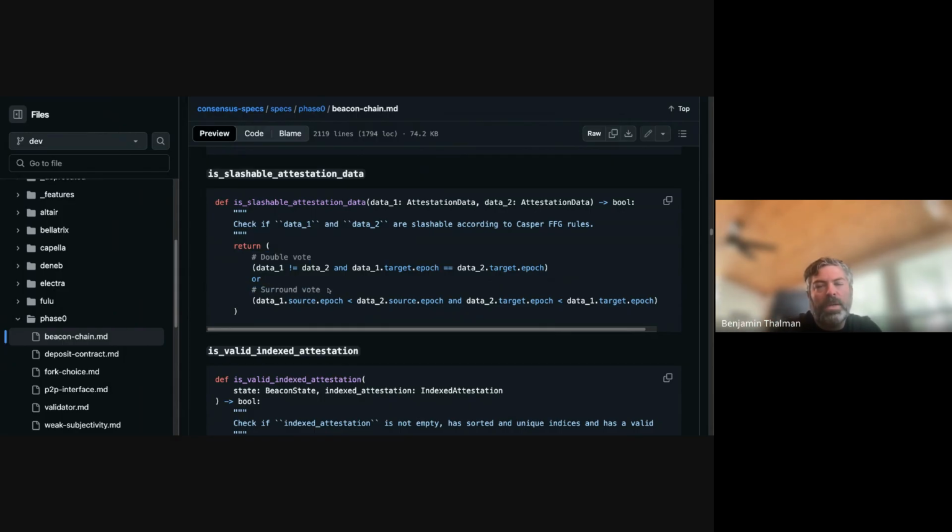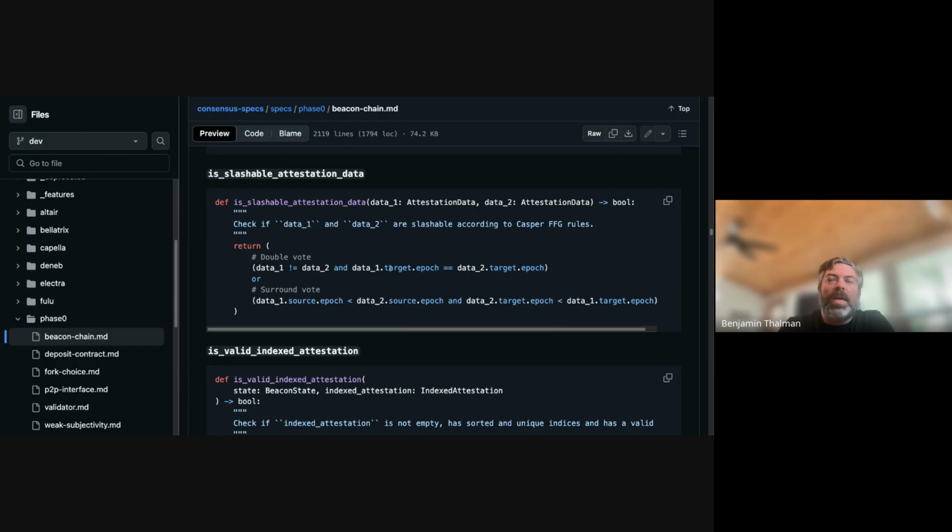I'm going to come back to surround vote in a second. Looking at the second condition that's checked, data_1.target.epoch equals data_2.target.epoch. What this is saying is you have 2 different pieces of attestation data. In other words, 2 attestations. I'm going to show you what those look like in a minute.